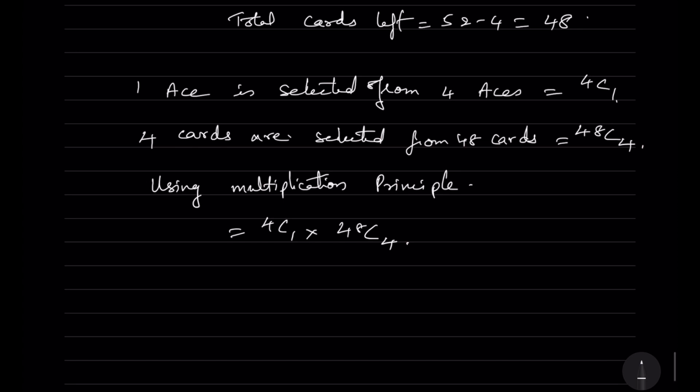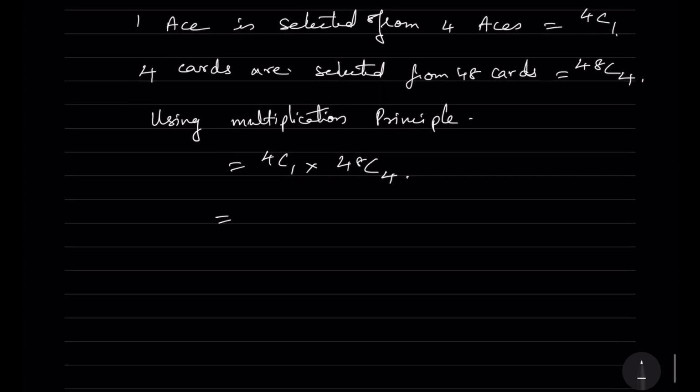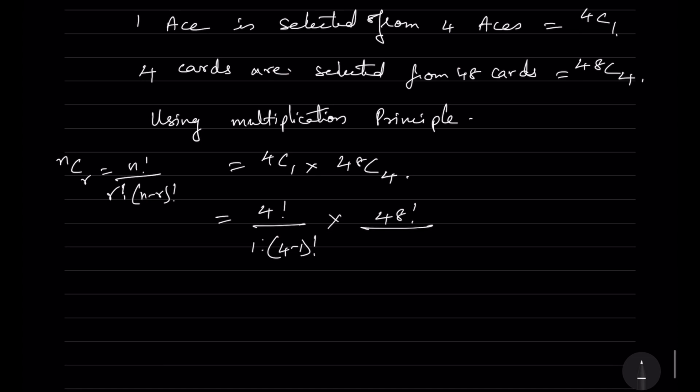So this is equal to, here again we have to use the nCr formula itself. So n factorial by r factorial into n minus r factorial. So you get 4 factorial by 1 factorial into 4 minus 1 factorial, into 48 factorial divided by 4 factorial into 48 minus 4 factorial.